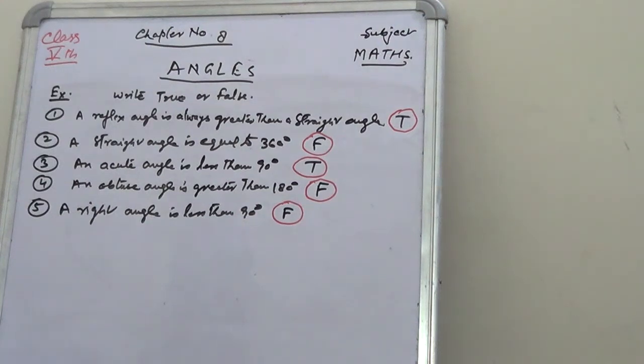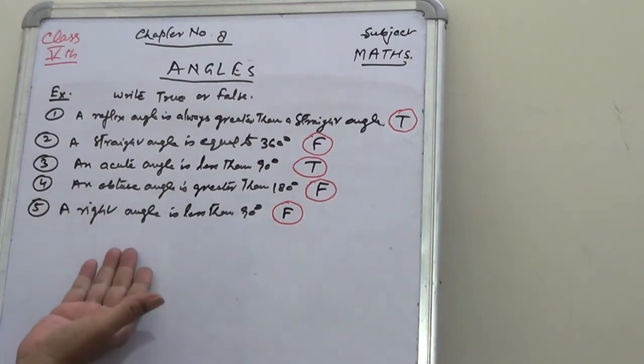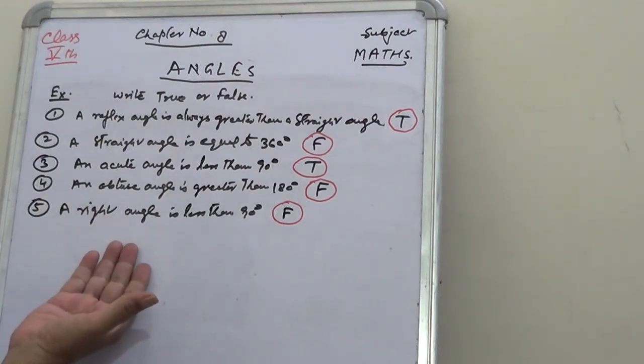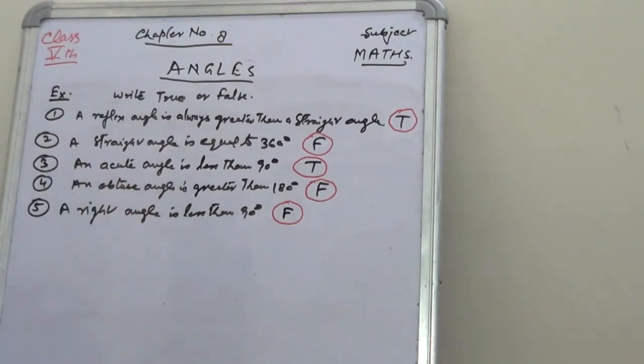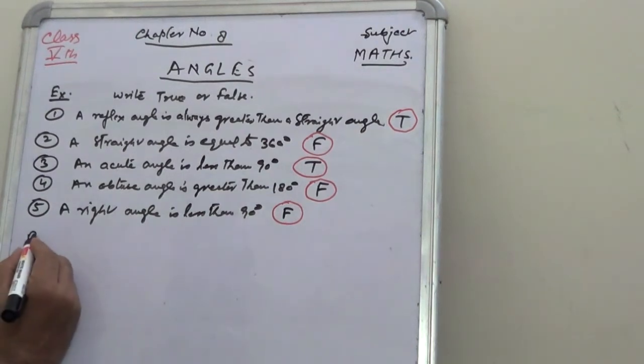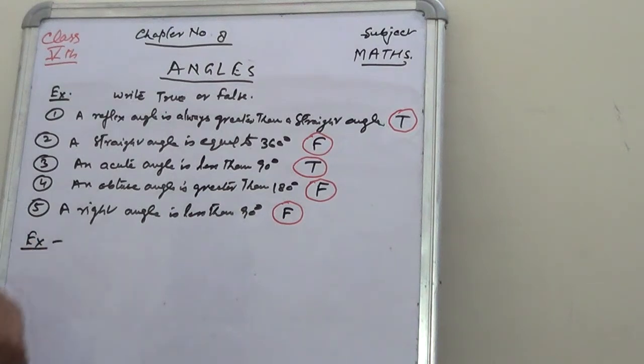So such type of simple questions are asked in this chapter, children. You will find such type of questions in this chapter only. So you will very easily state whether this statement is true or false. Now we move further to another example which is generally asked in this chapter.